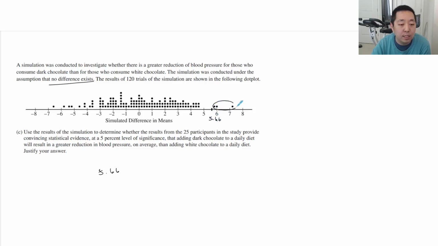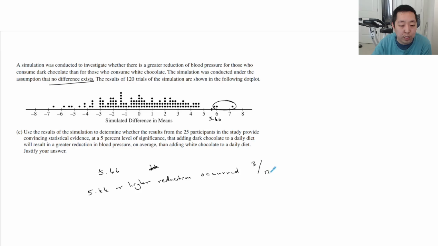So in our simulation, how many times did it occur that we got that much or larger of a reduction? So 5.66 or higher reduction occurred 3 times out of how many?